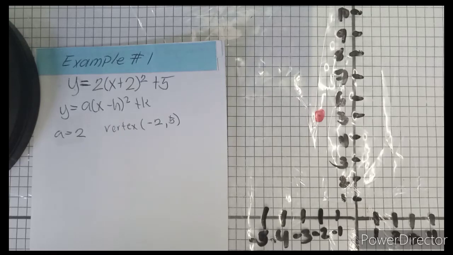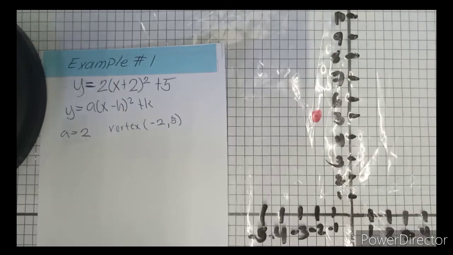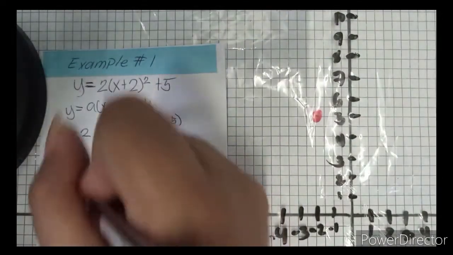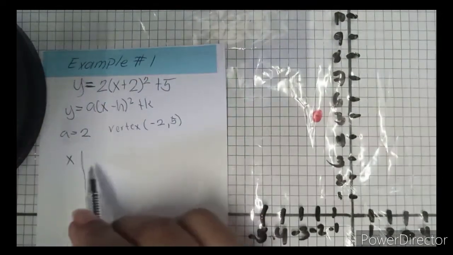So, ano yung ginagawa ng value dun sa a? Yung value naman ng a tells you kung ilang movement or ilang moves or ilan yung ika-count mo, or ilan yung i-skip mo from your vertex. So, first, let's have a table. So, yung table natin, value ng x. And then, ano yung magiging value dito?